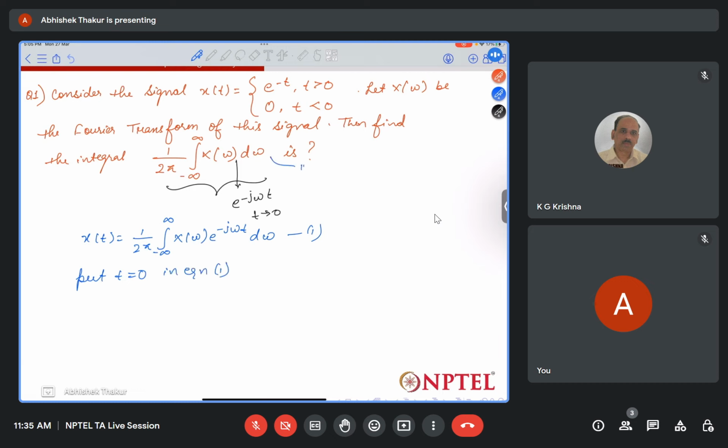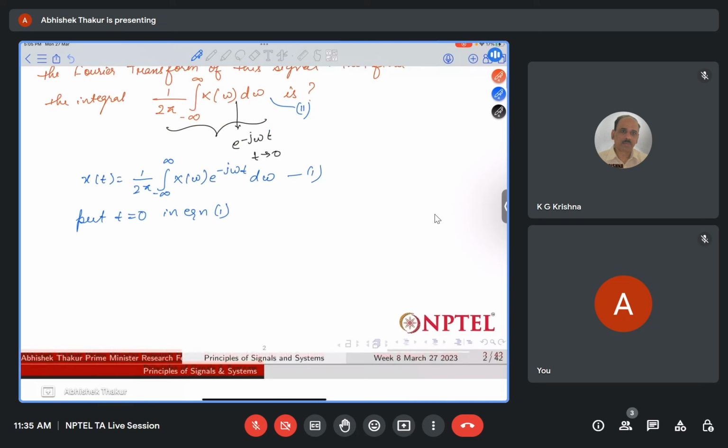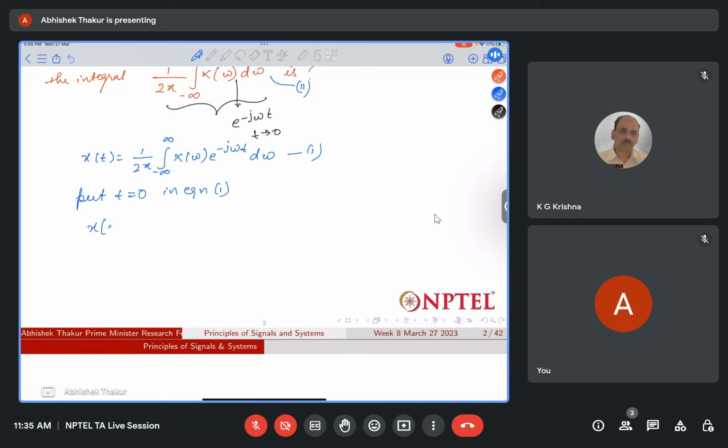Let's suppose this is equation 1, and putting t equal to 0 gives equation 2. On the left hand side it will be x(0), which is equal to 1 by 2 pi integration from minus infinity to infinity of X(omega) e to the power of 0 d omega.